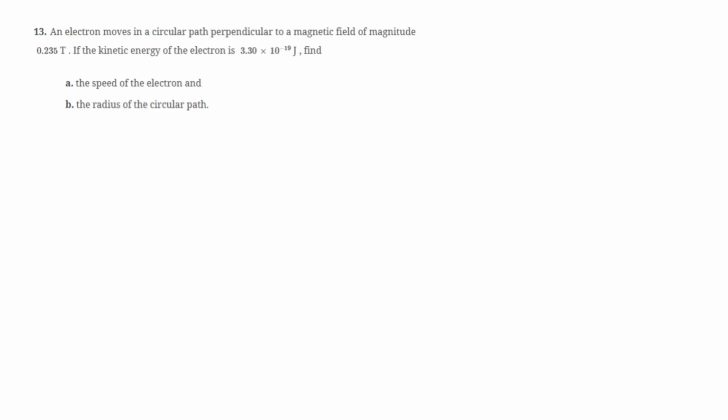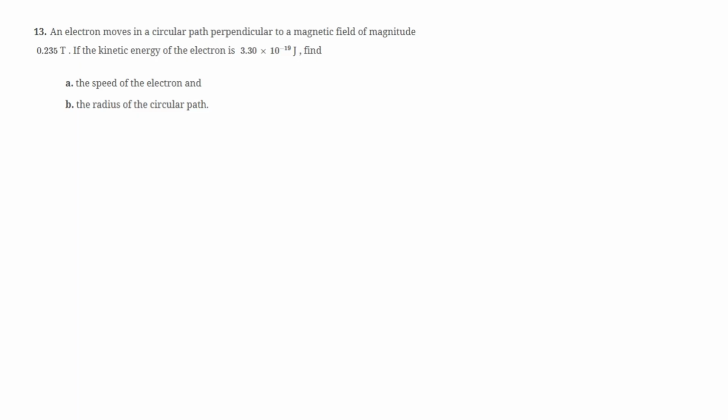a circular path. They say an electron moves in a circular path perpendicular to a magnetic field of magnitude 0.235 Tesla. So there is something important here. Let's read again. An electron moves in a circular path perpendicular to a magnetic field of magnitude 0.235 Tesla.